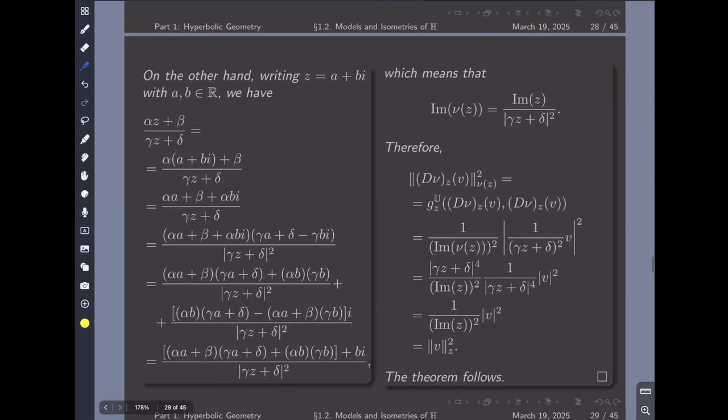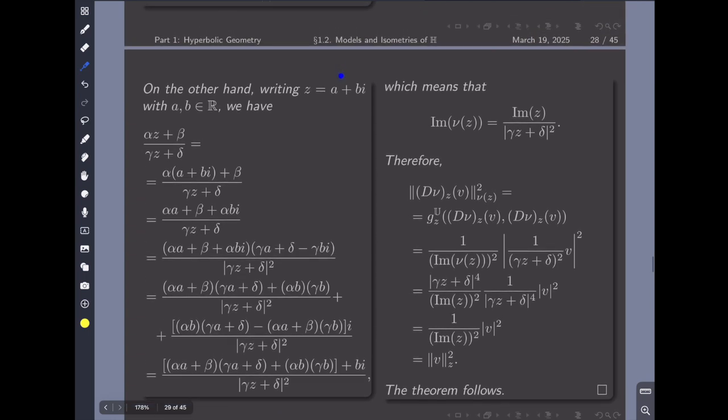On the other hand, write z as a real number a plus real b i, and do the substitution on top. And multiply at some point, which is I think here, by the conjugate of this one, both on top and bottom.